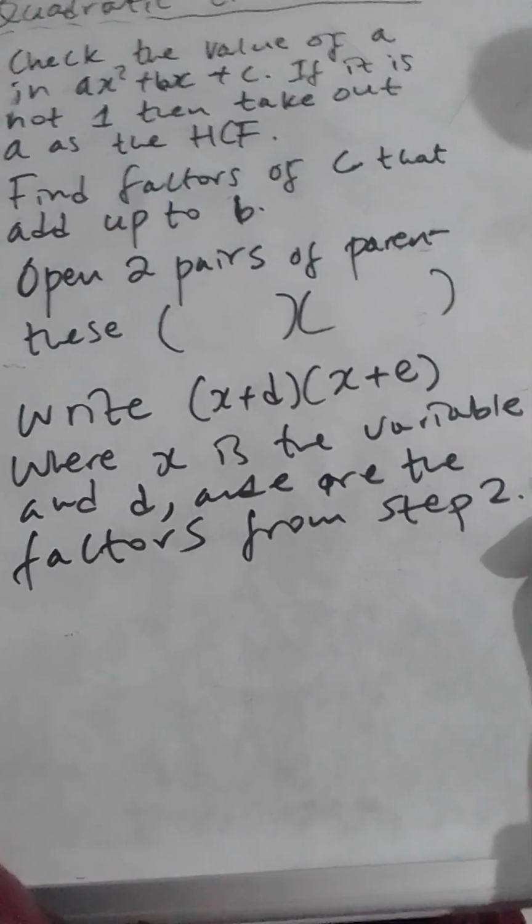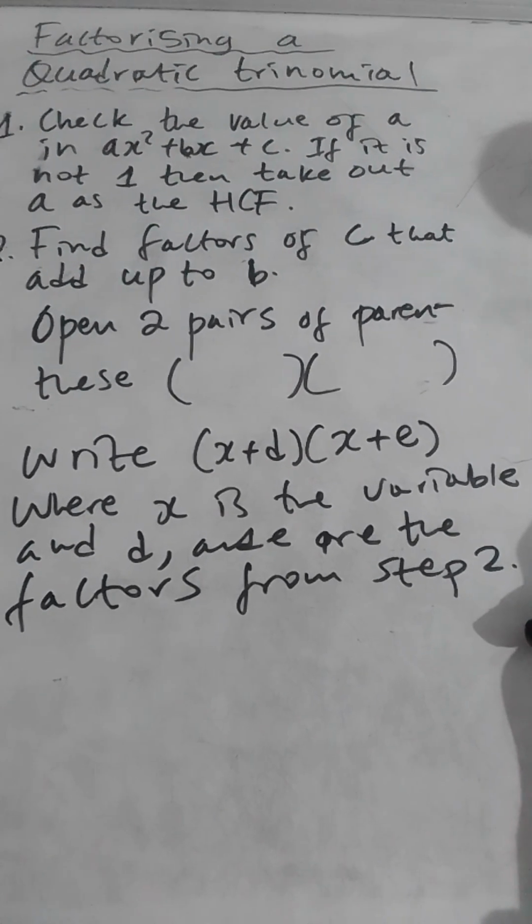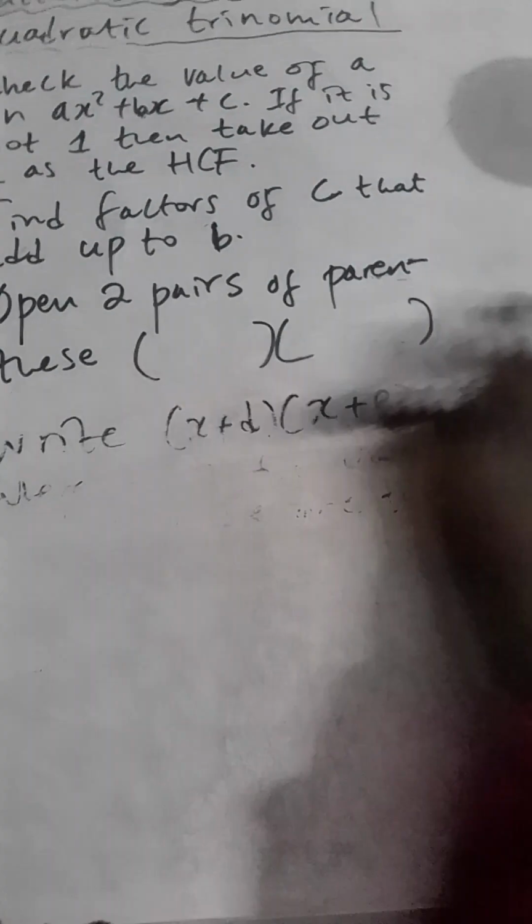Now, let's take some examples, and we will be following these steps. We're going back to the examples that I showed you before. I'll start by writing the examples there. The first example was x squared plus 7x plus 10. The second was x squared minus x minus 6.